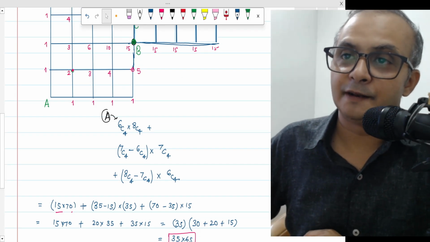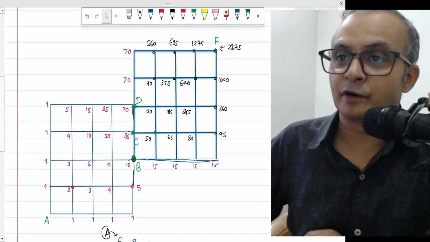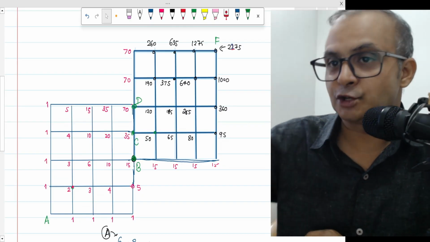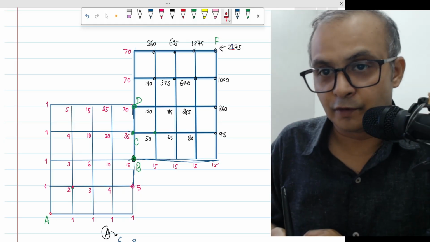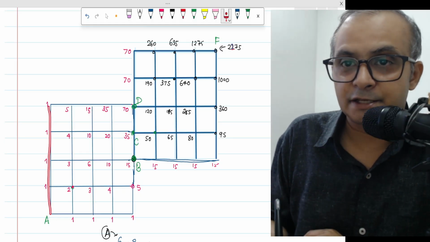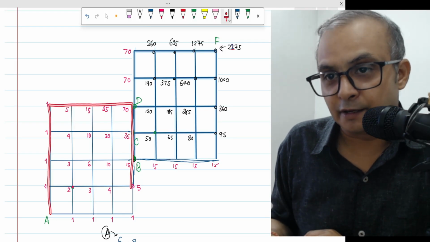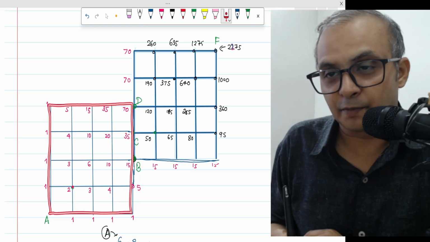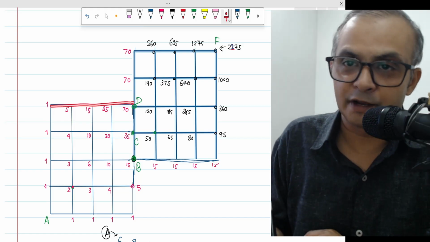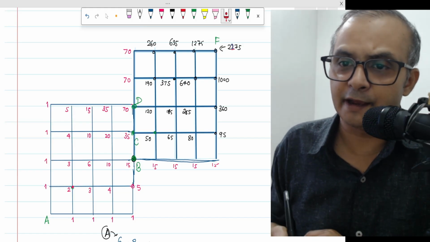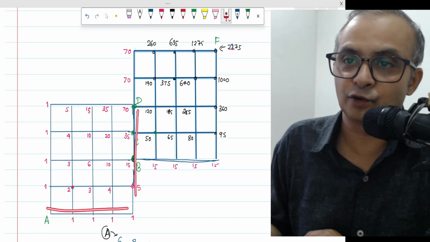Again I will count the number of ways to move from D to F. Via D, how do we move? I have to consider this entire grid. So the number of ways to reach D from A is what? You can simply guess 8C4, because 4 on this side, and total 8.